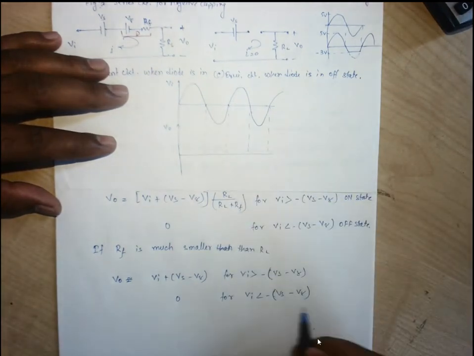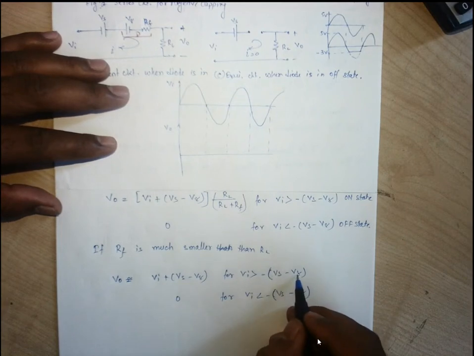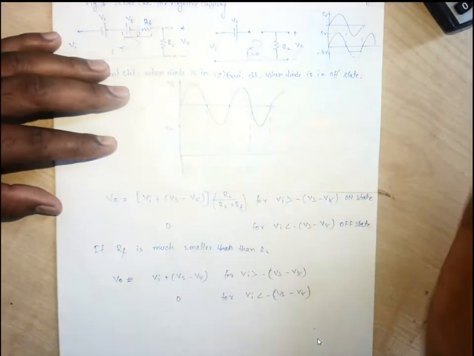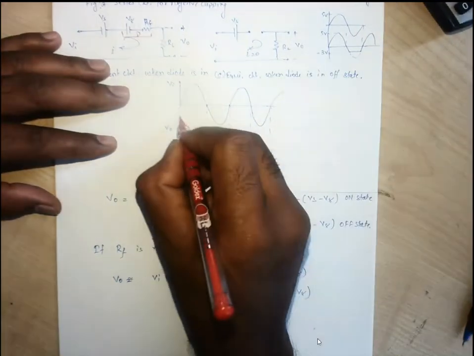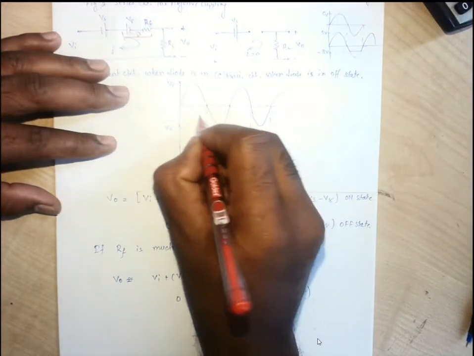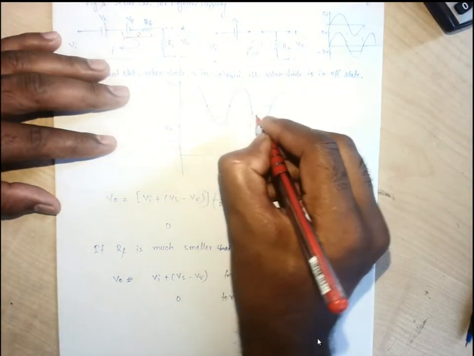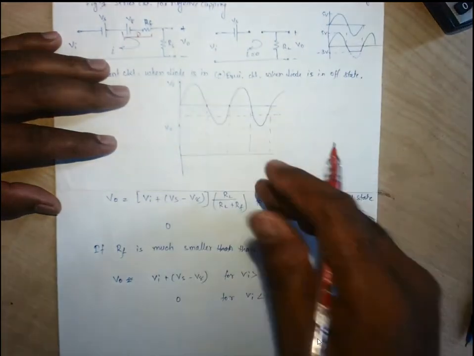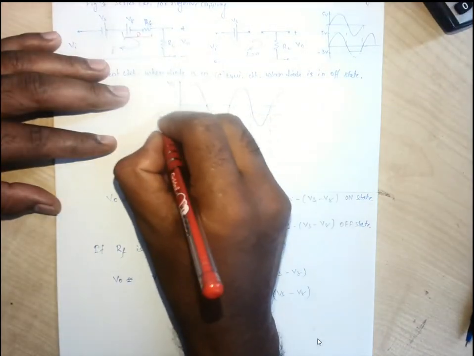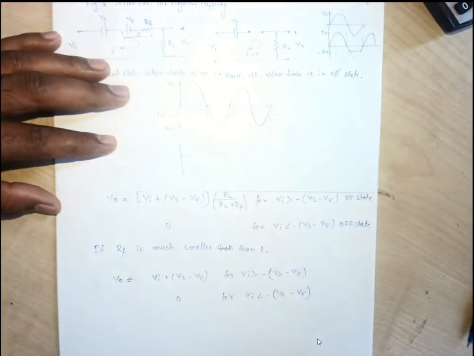So let us take out the Vs minus V gamma portion in the negative half. Let us consider this is the part which is the level for minus of Vs minus V gamma.